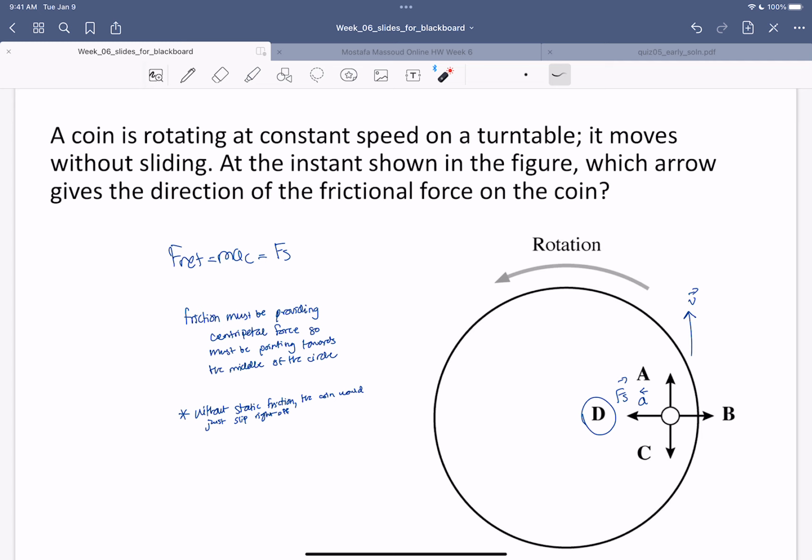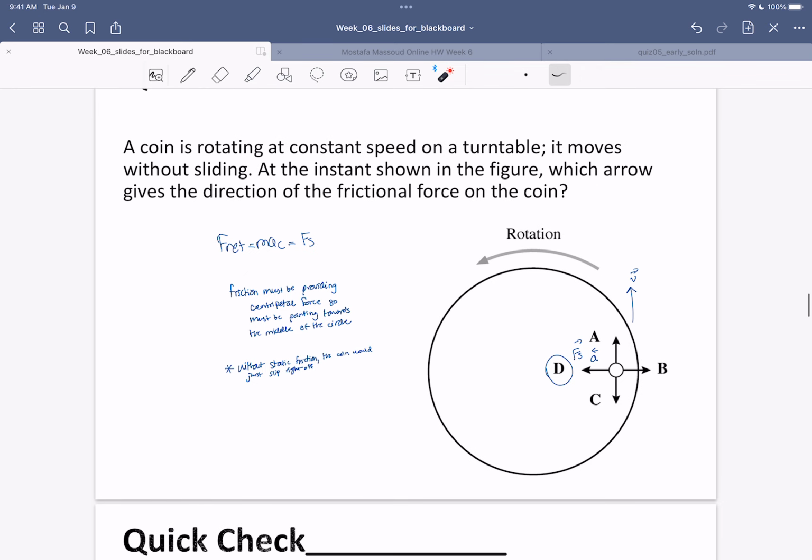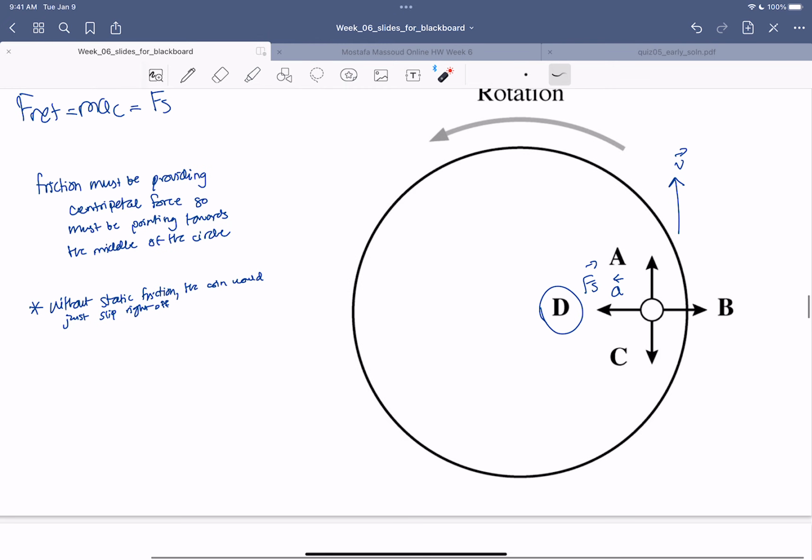So it keeps you moving in a circle and it prevents you from slipping off. You'll see a lot of these record player type problems or CD type problems. Static friction is always pointed towards the center here if the coin or whatever is not slipping. The static friction force is pointed towards the center to allow circular motion and also prevent you from slipping.